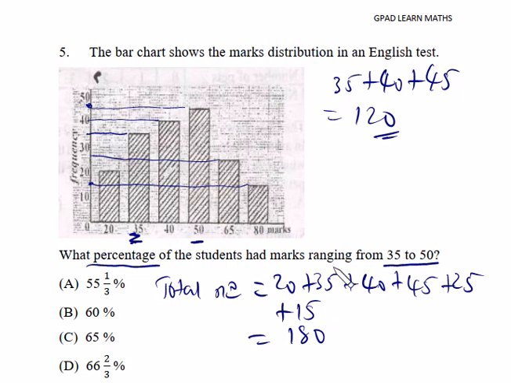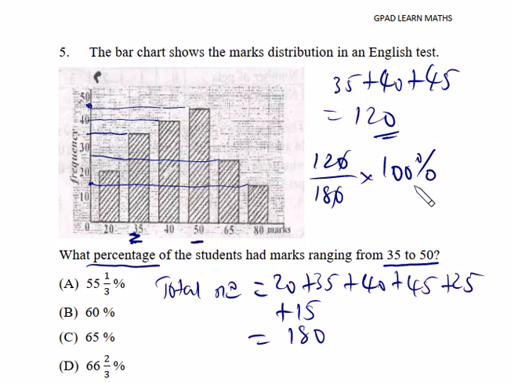So to get the percentage of students that had marks ranging from 35 to 50, that would be 120, which is the number that had marks from 35 to 50, divided by the total number of students that took the test, which is 180, then times 100%. Okay, let's break this down. So 0 cancels 0.